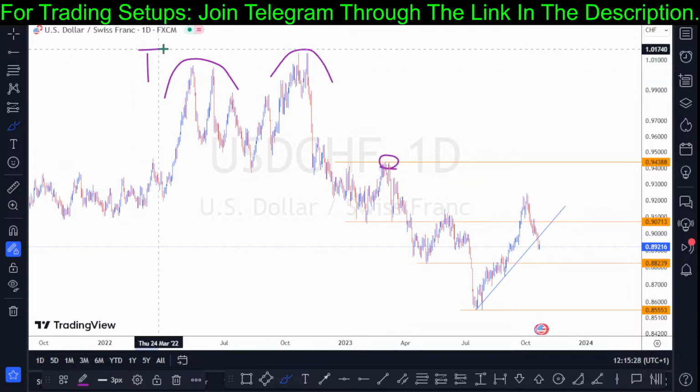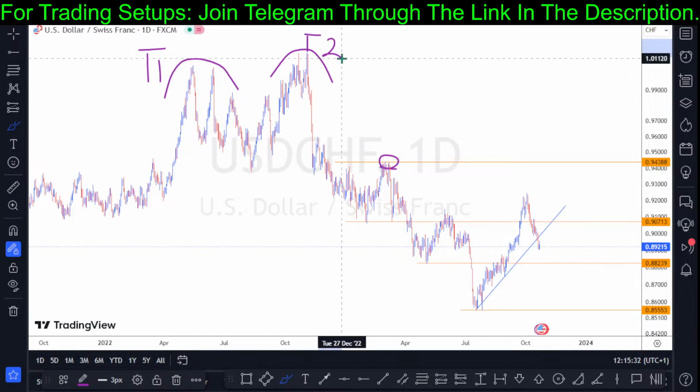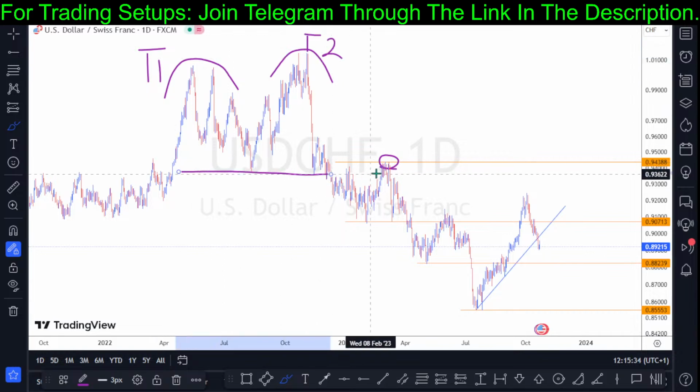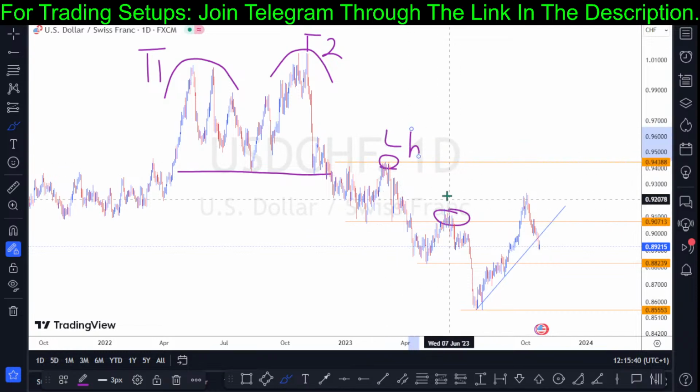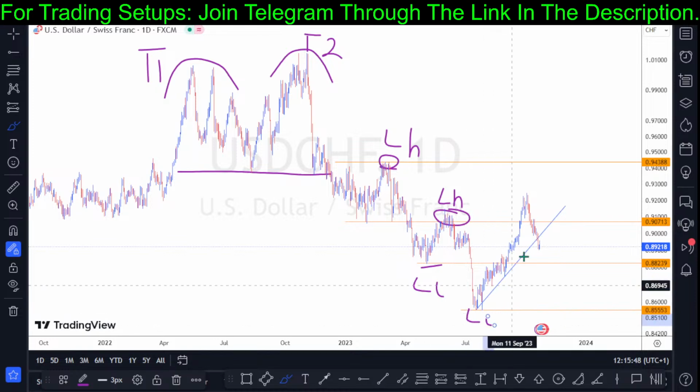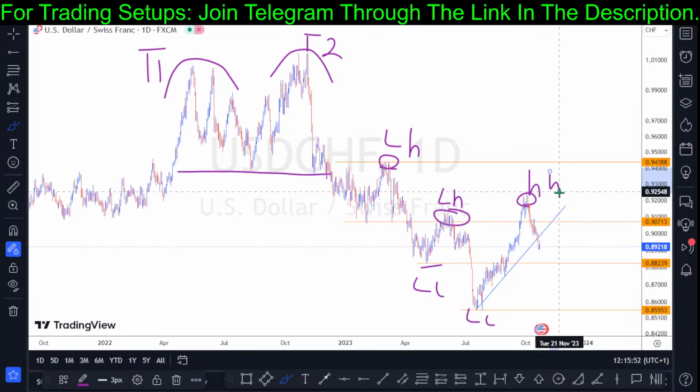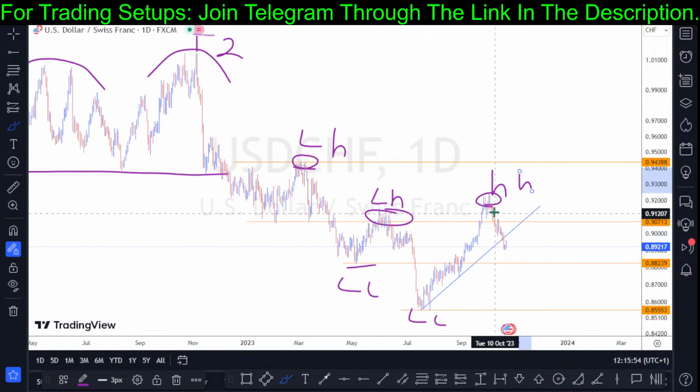We have the neckline structure, rejection down, and then another low structure. We got a lower high here, and another lower high structure here. We got a lower low structure here, a lower low structure here, and then this is a new higher high structure. You can see now price is going lower again to this lower low structure.